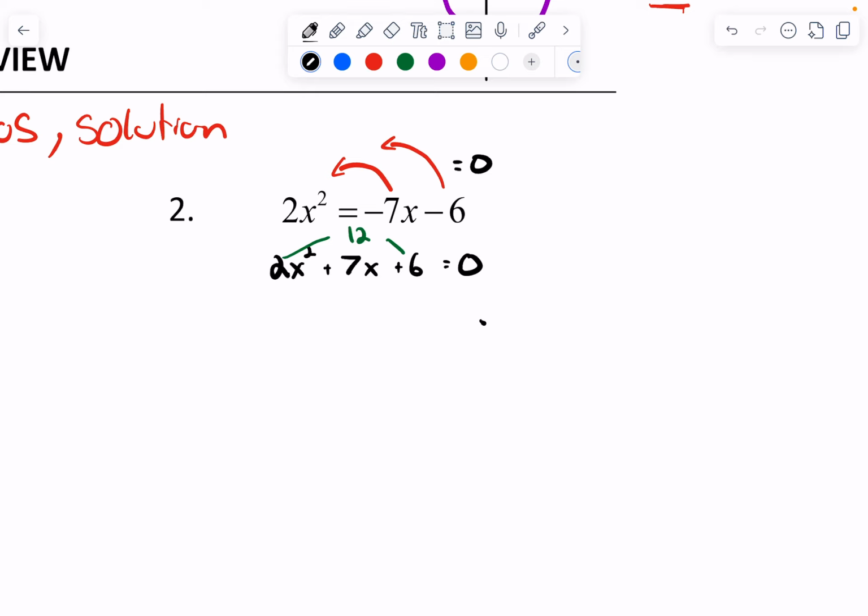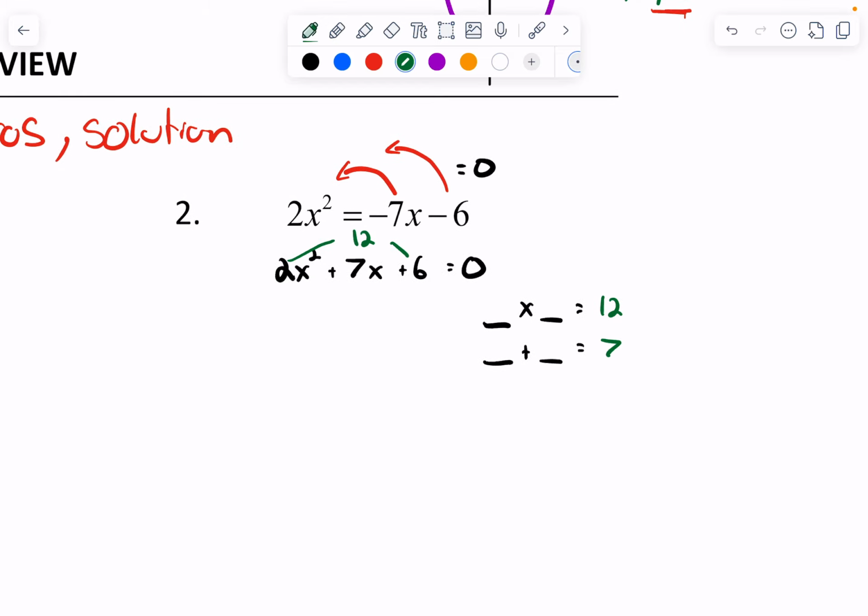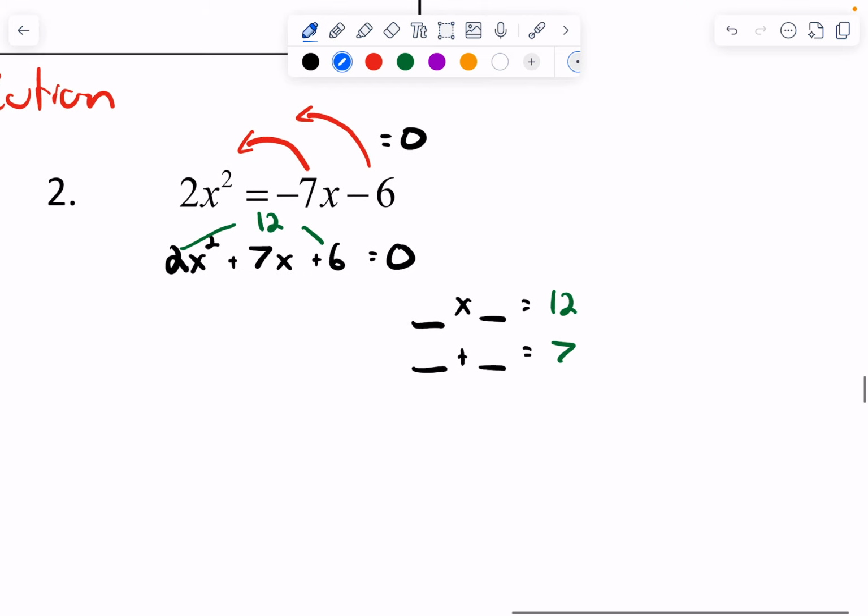So we need two numbers that multiply to give you positive 12, and those same two numbers need to add up to give you 7. So what are the multiples of 12 that add up to 7? All right, pause if you want to take a second before I give you the answer. But in this case, it's 4 and 3.